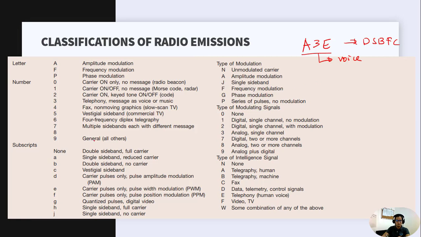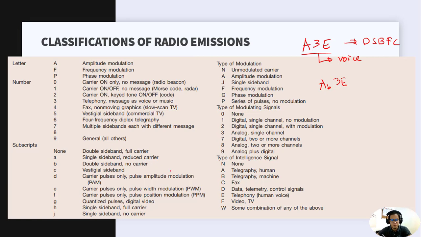O, paano kung gusto ko double sideband, no carrier? So, maglalagay ako ng subscript dito. A, subscript B, 3E. Yan yung code niya. Okay? So, yun. Medyo, ito, hindi naman to lahat ginagamit or hindi nyo naman to kailangan sauluhin.